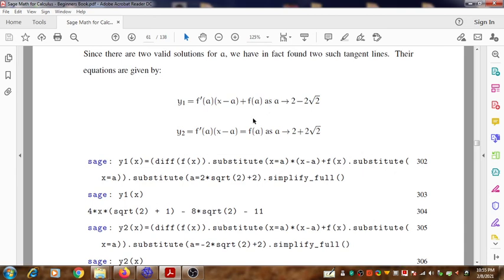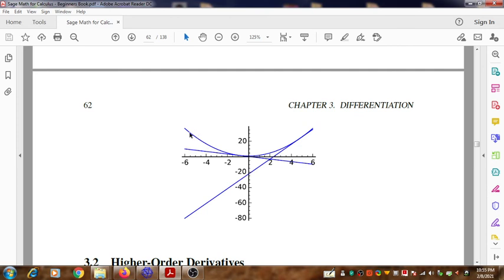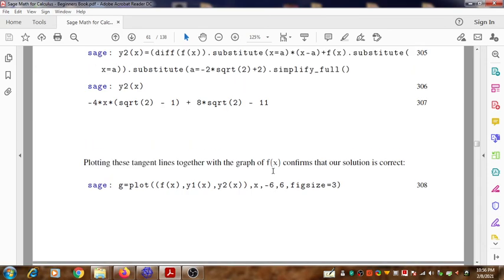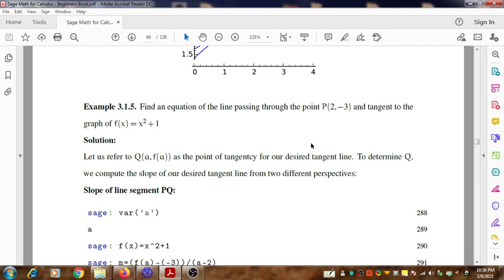Okay, and these are the two equations of the two tangent lines, because there exist two tangent lines as the figure shows. See, this is the curve, and you can see two tangential lines are there. Since we mentioned the point, passing through the given point, the point is 2 minus 3.